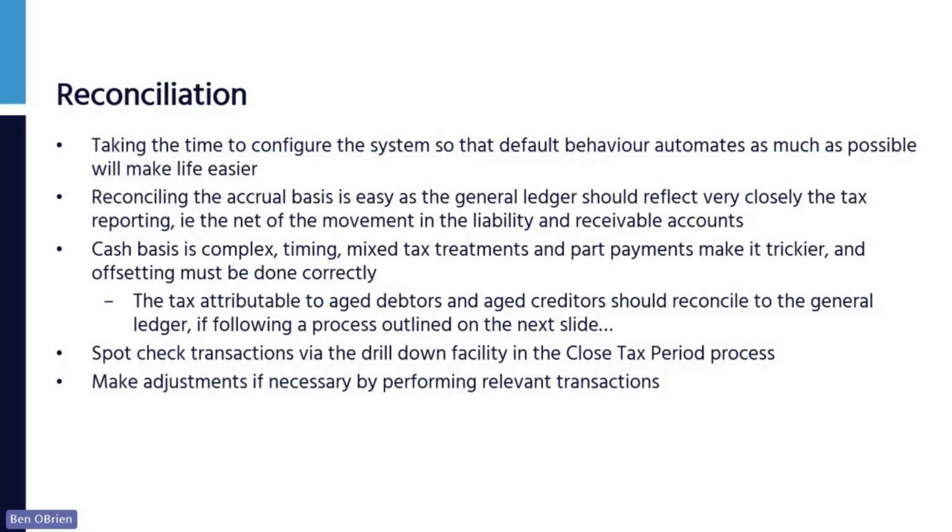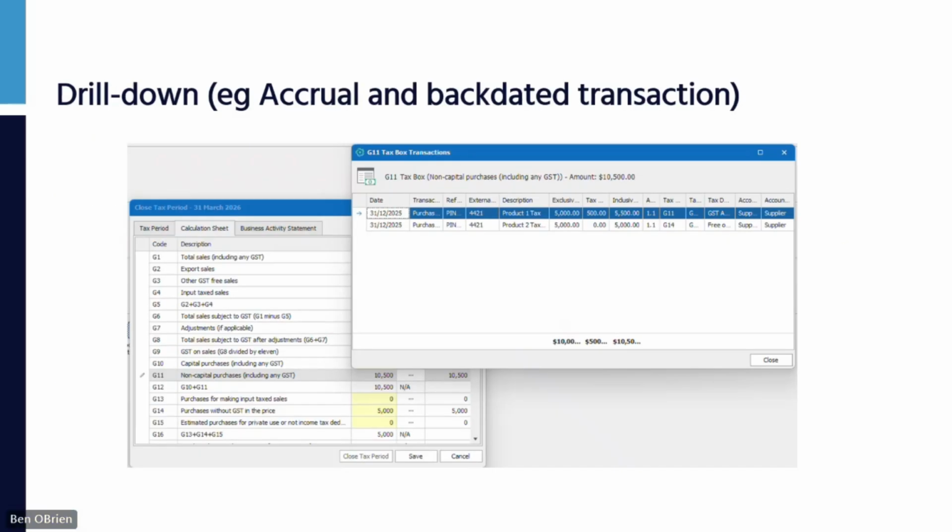And essentially, if there are adjustments that are required to your reporting, then make them transactionally. That's one of the features of Making Tax Digital in the UK, that you can't just fiddle figures on a report. They need to be transactionally verified. And we recommend that in other jurisdictions as well.